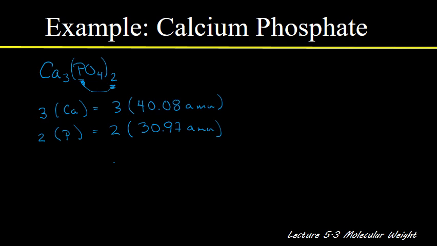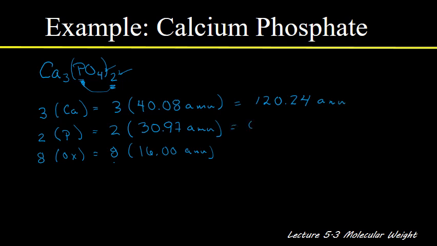And for oxygens, same thing. There are 4 oxygens in a phosphate ion, but there are 2 phosphate ions in the unit, so that means there's a total of 8 oxygens. And the atomic mass of oxygen is 16 AMU. So if we multiply these through, the total mass of our calcium is 120.24 atomic mass units.